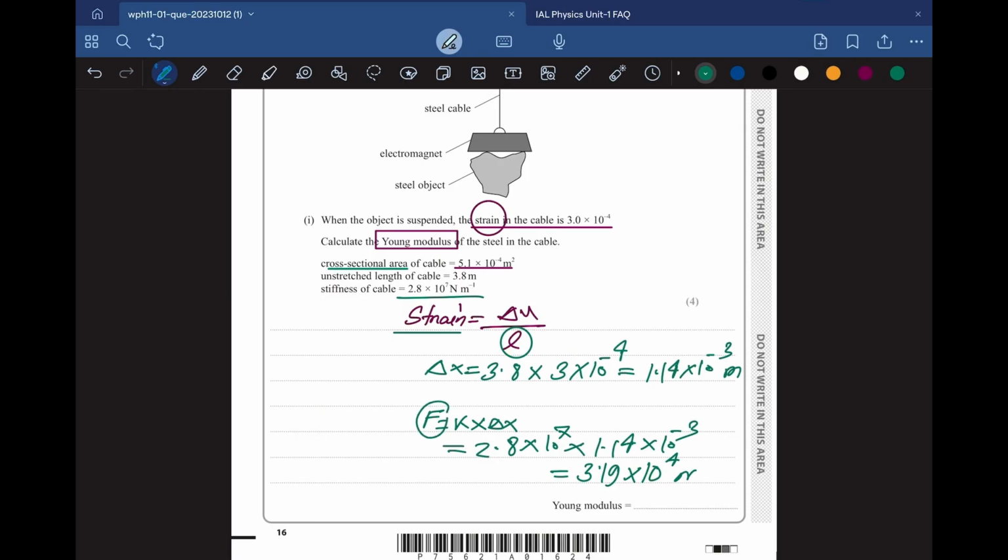Now we have our force, we have our del X, we have our strain. We can easily figure out the Young modulus.